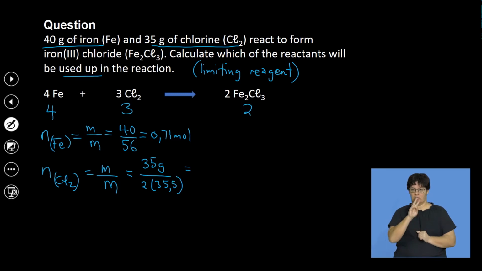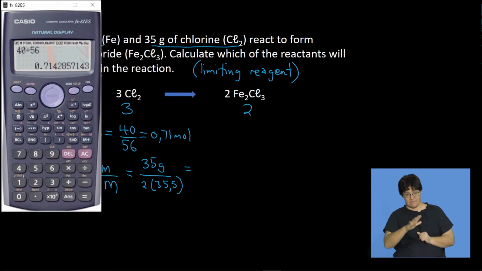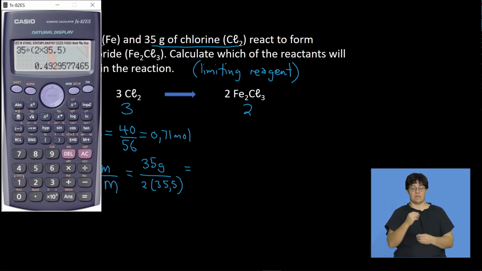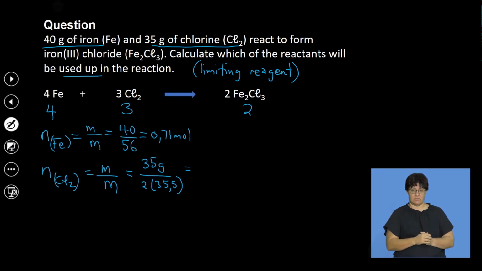So if we go to our calculator, what do we get? We'll have 35, okay, divided by 2 multiplied by 35.5, okay? Right, close that bracket. Okay, this gives us a value of 0.49 moles, right? So there's 0.49 moles of chlorine, right?